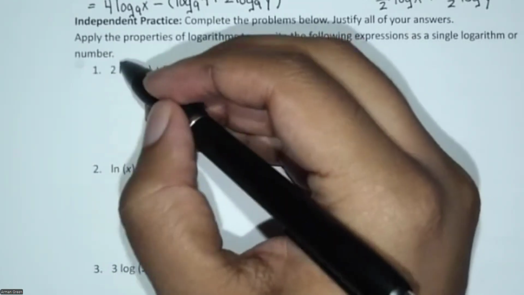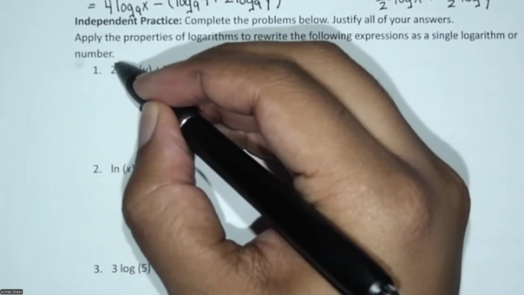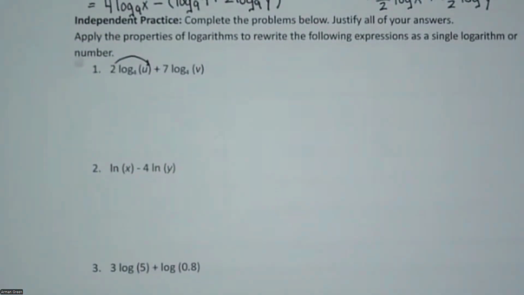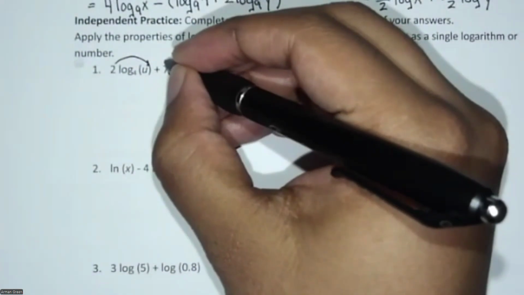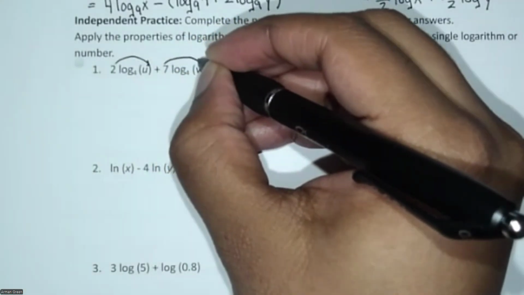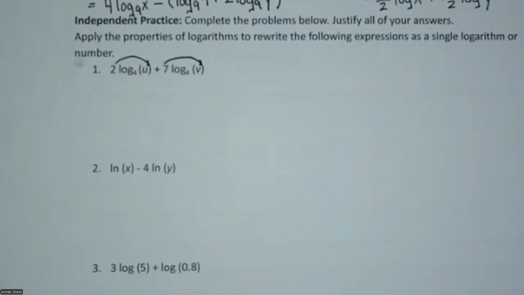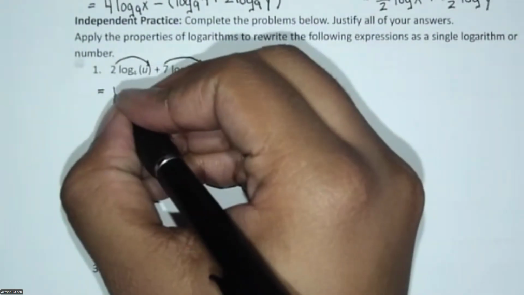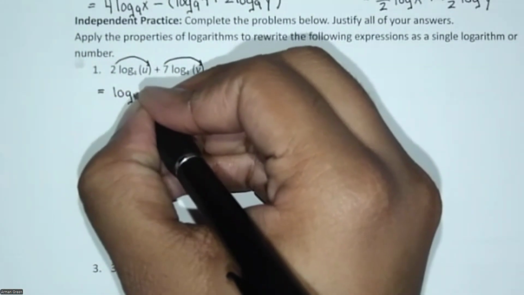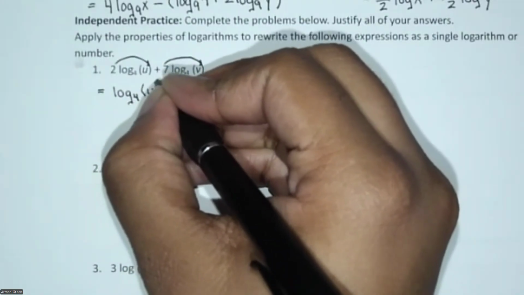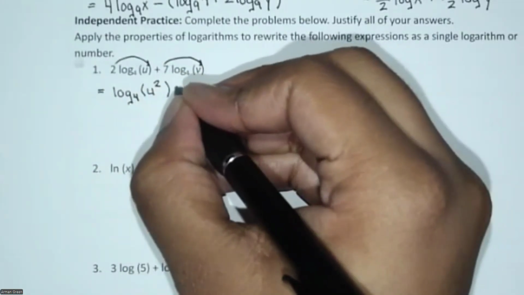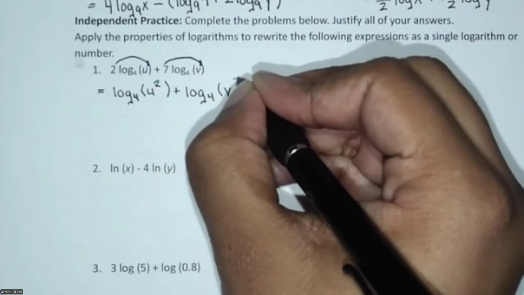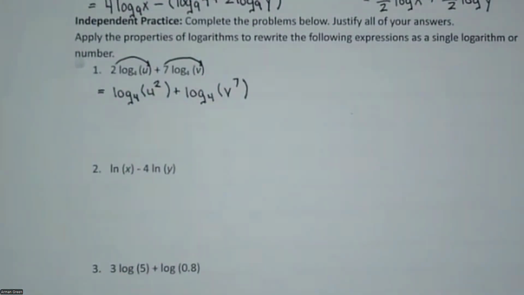Now, if you have a coefficient, what that means is that we're going to move this back inside, and it's going to be an exponent. Same thing with this 7. We're going to move it back inside of our logarithm, and it's going to be an exponent. So we can rewrite this as the log base 4 of u to the second power plus log base 4 of v to the 7th power.